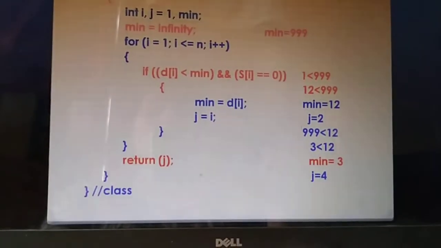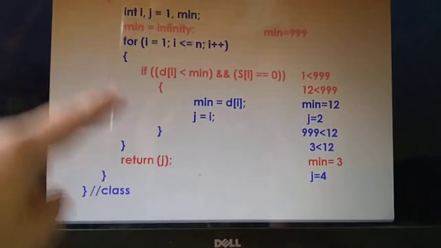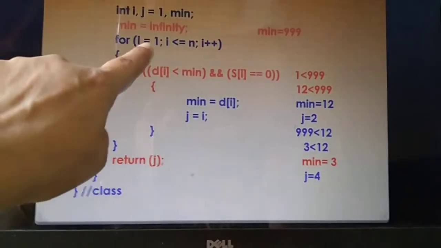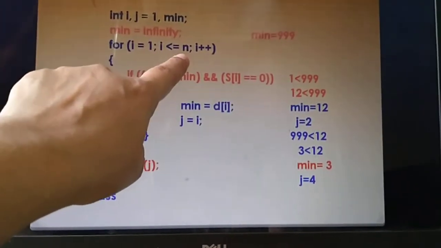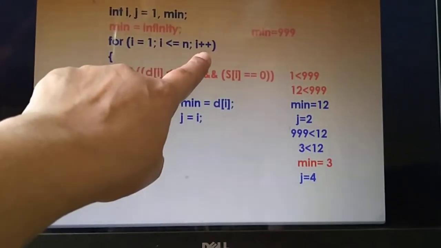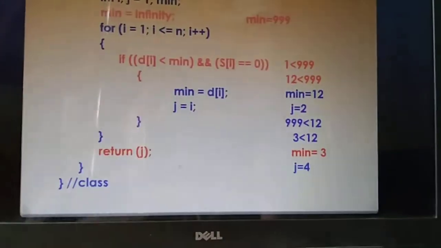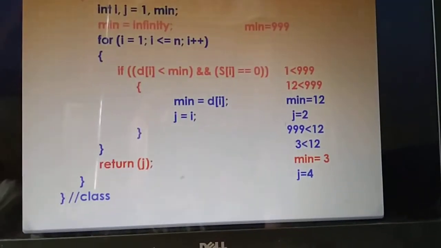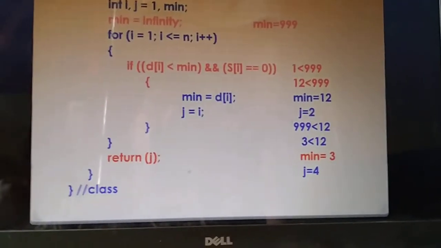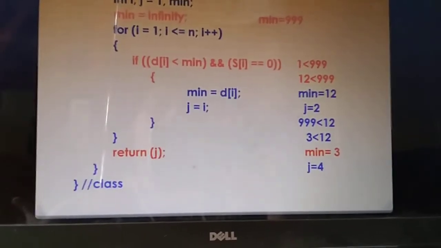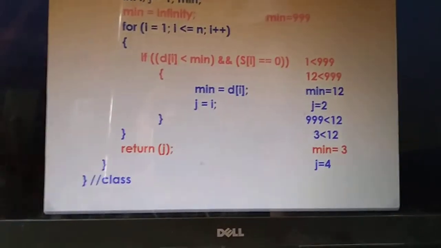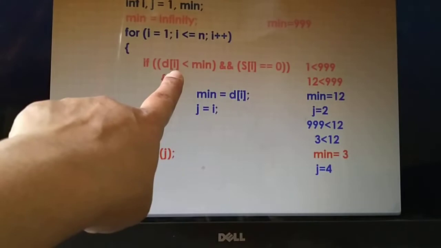So what we are doing in the extract min function is, these are some initial declarations: i is equal to 1, i is less than n, i plus plus. Initially min I am considering as 999, infinity. Initially I took infinity as 49, but here I am writing it as 999. It doesn't matter. Now come to this one.